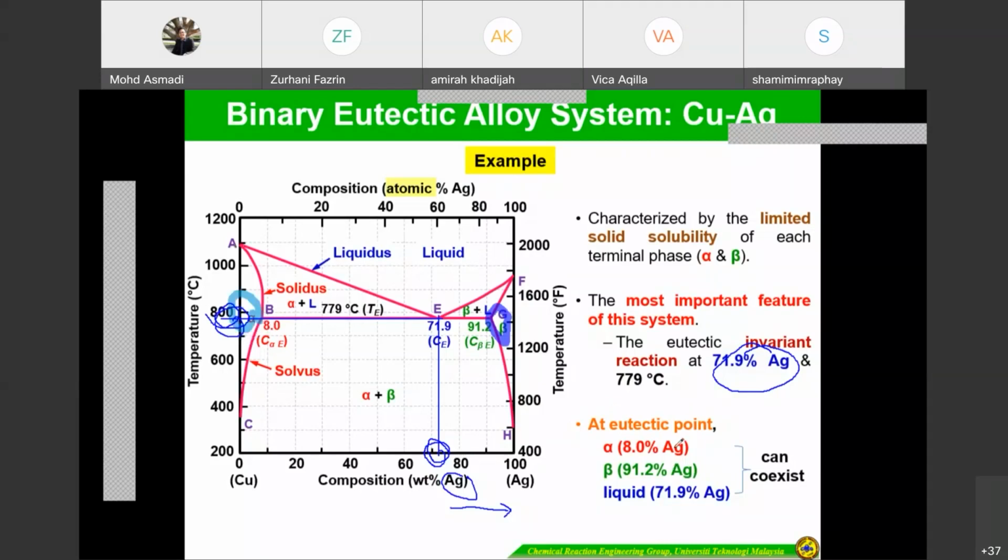Since you draw this tie line, we just make it a vertical line. If you do a vertical line, you can see here that 8.0, this one is around 10, and another one is here.